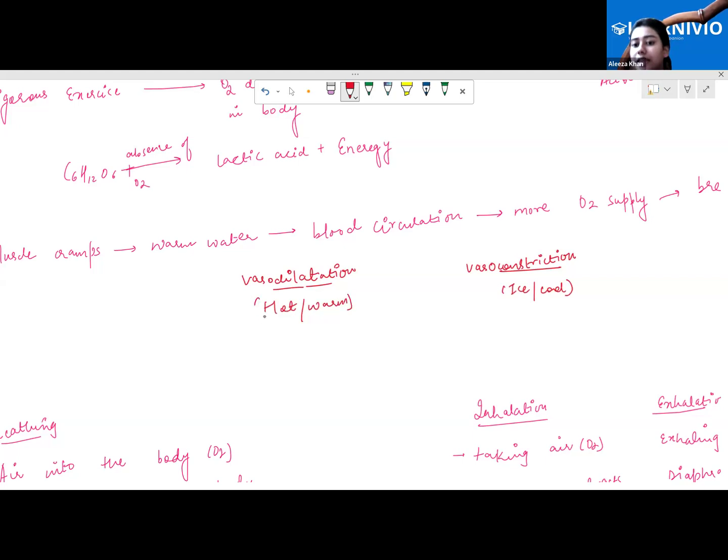This is the mechanism of the body to fight, by showing the sign of swelling. Understood? I will apply the ice pack so that your swelling will get reduced, because here the diameter of the vessels gets small.